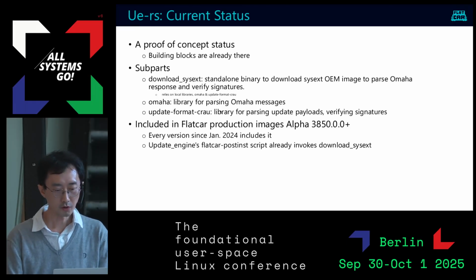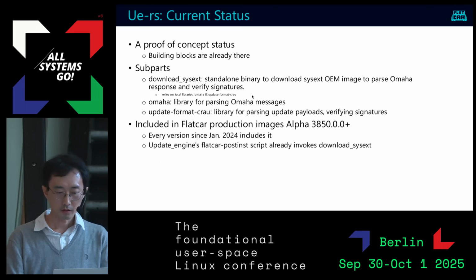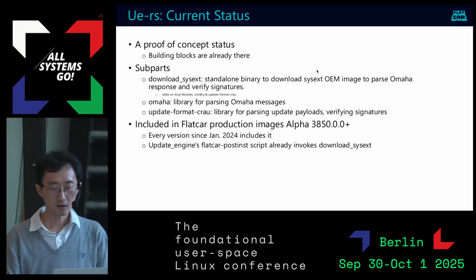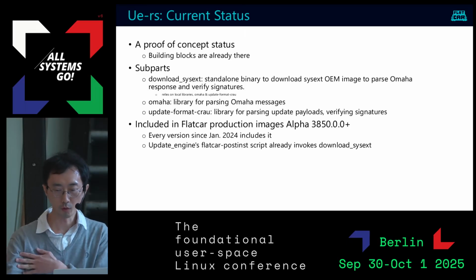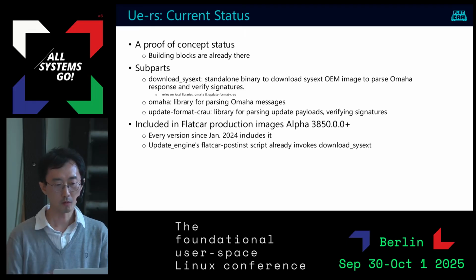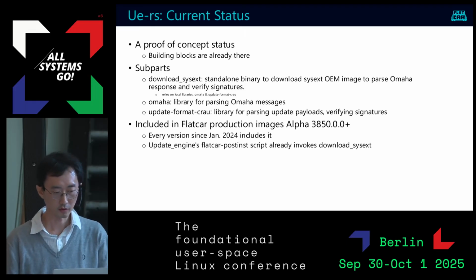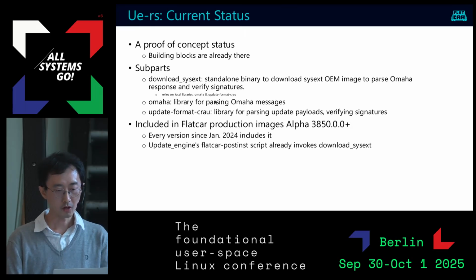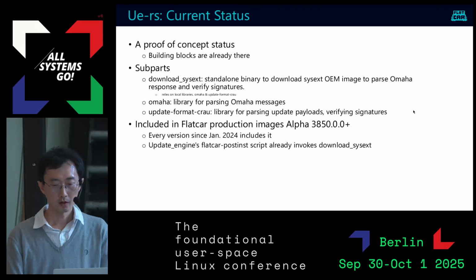These two libraries are pulled in by another standalone binary, download sysext. It downloads sysext images from the remote server, parses the Omaha response and verifies signatures. Of course, that relies on the local libraries, Omaha and update CRIU.